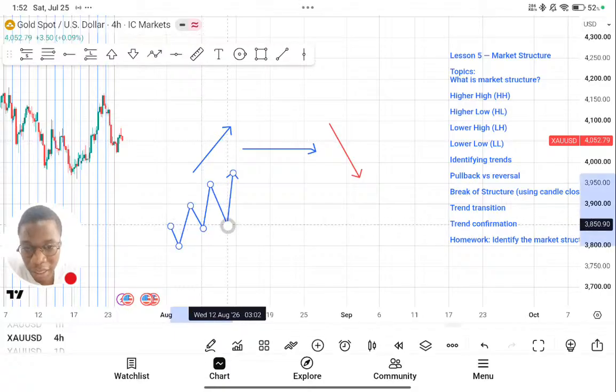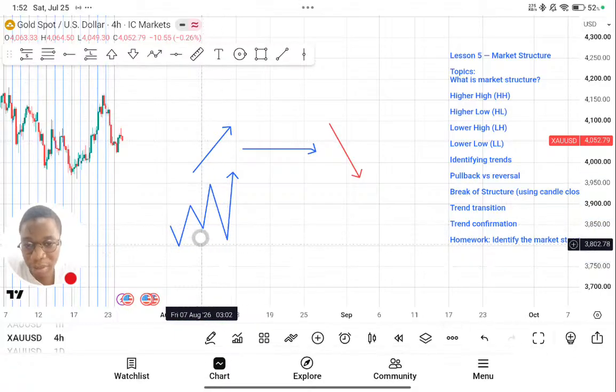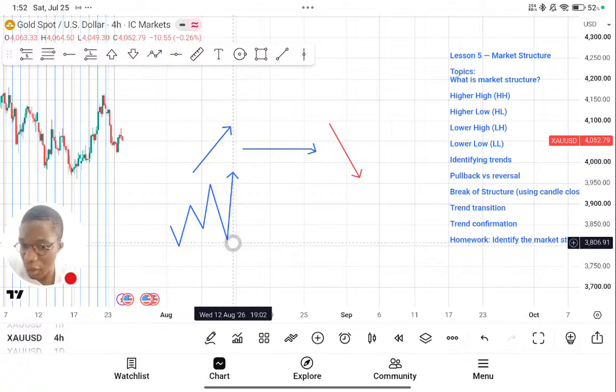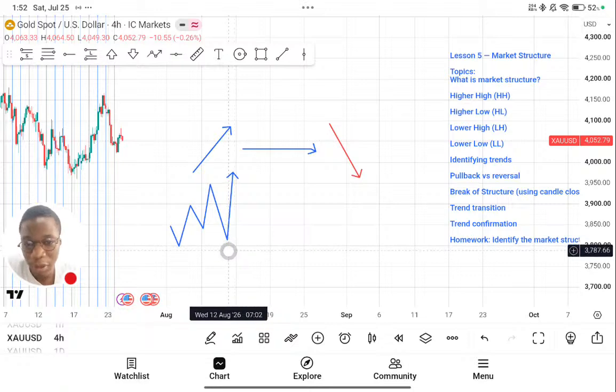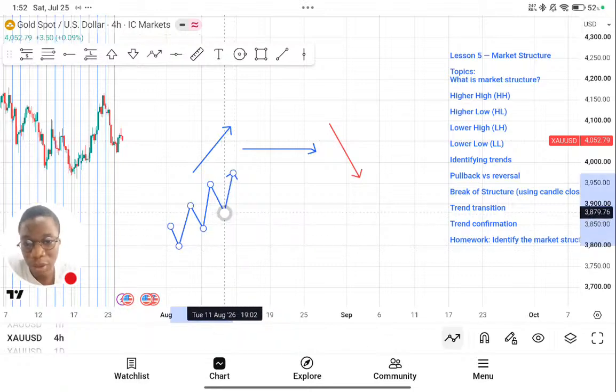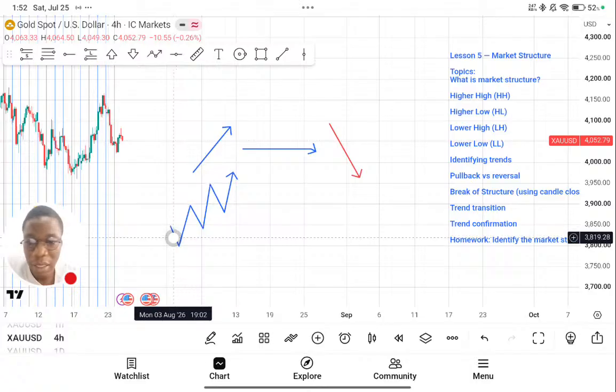But in the case it breaks the previous low, then there's a question to that. You understand? Because in an uptrend, the market will continue making higher highs.